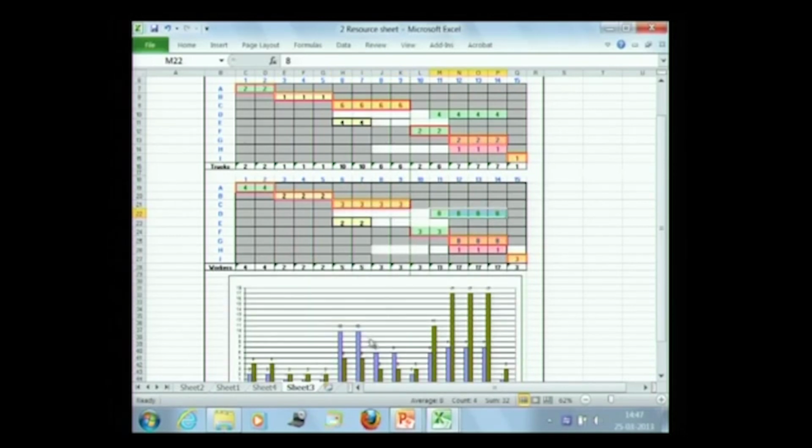Now my trucks are okay, it's within 10. But the workers have exceeded my 15. So you have 2 resources with the balance conflicting. If I balance one, the other seems to be unbalanced.